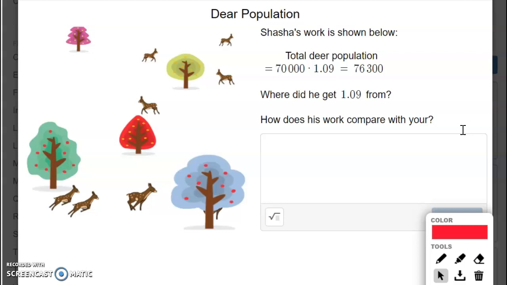So with the increase, it's going to be 1 plus whatever the decimal portion of the percentage increase is, so that's going to be 1.09. And if I do that, I get 76,300. Where did she get 1.09? She got the 1 from the fact that that's the amount that we need to add, and the 9 is the part that is the increase.